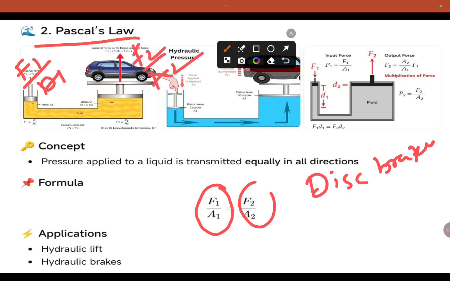So this is simple logic. The applications of Pascal's law are the hydraulic lift and brakes. Which brakes? Disc brakes.